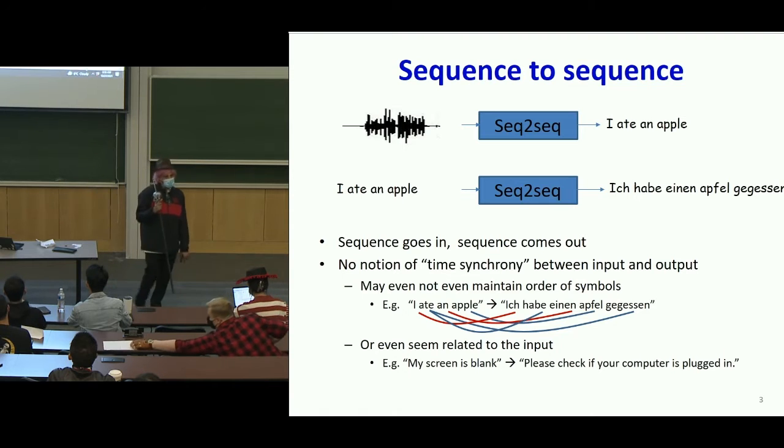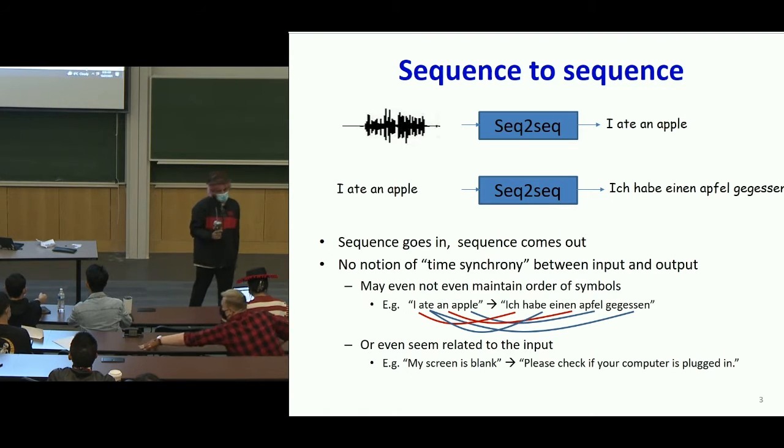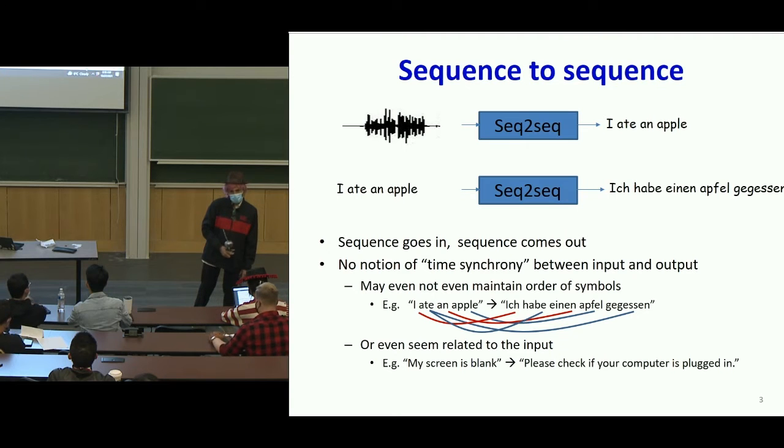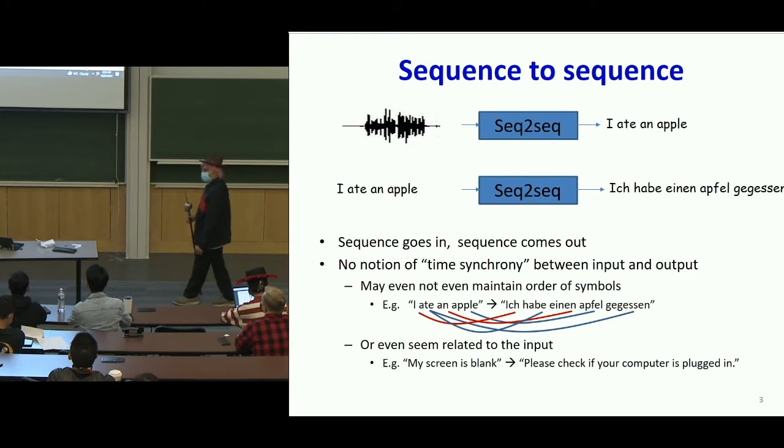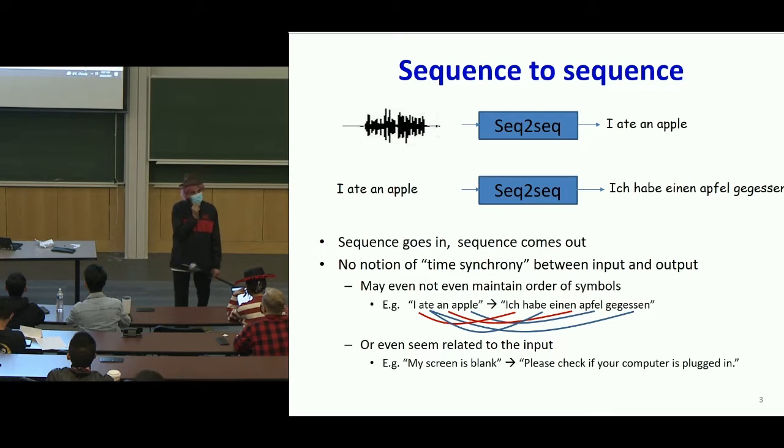Here there is a correspondence between the output and the input, but it's not one-to-one. The first portion of the recording corresponds to the word I, the subsequent portion to the word ate, the third portion to an, and the fourth portion to apple. So there's an order correspondence.